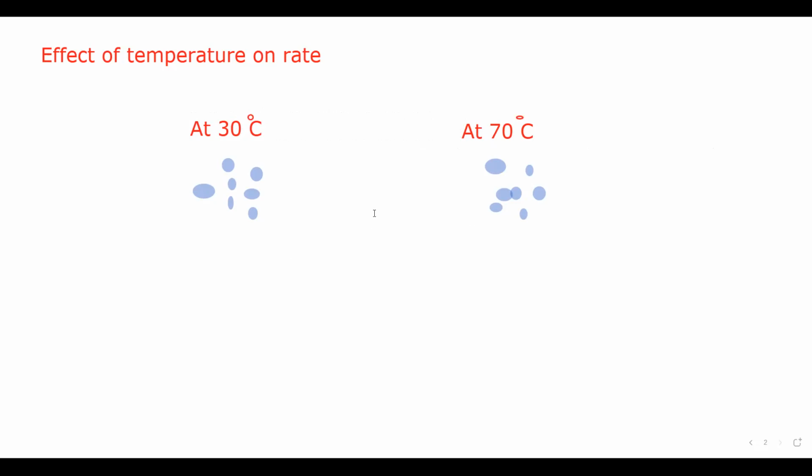At which temperature are the reactant particles moving faster, at 30 or at 70? The second one, B, because the temperature is higher, so the reactant particles are moving faster. Here the reactant particles are moving slower. At which temperature is there more collisions, at 30 or at 70? At 70 there will be more collisions as compared to 30 degrees.